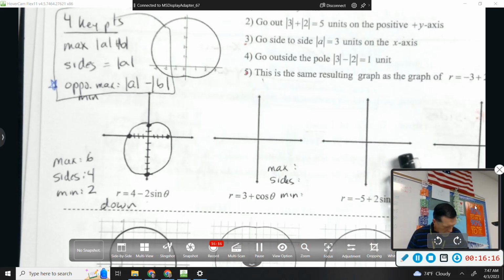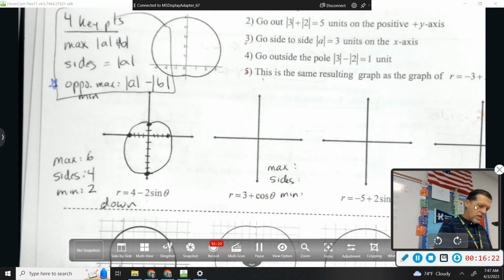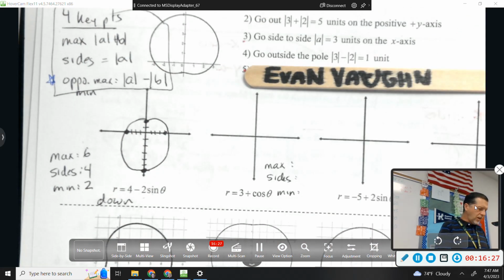All right, let's pull some popsicle sticks on the second one here. Make sure we're all on the same page. So Evan, first of all, tell me which way this thing is kind of pointing: up, down, left, or right. It is left-right.